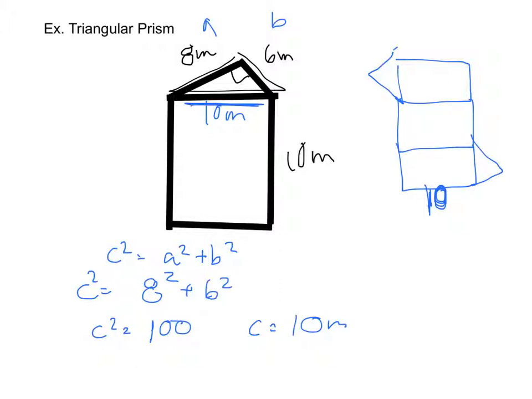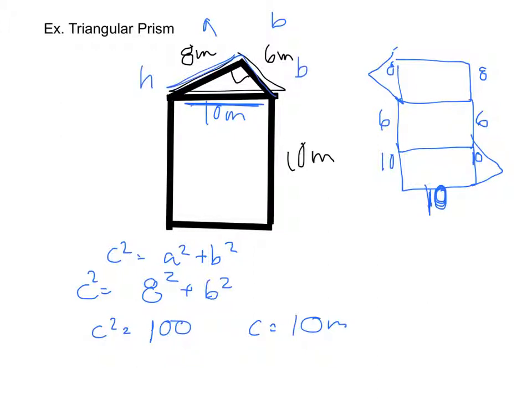So then let's say that that's this side. And then we can say that this is 6 and this is 8, so these are going to match here. And then we can begin to find the areas. We know that the area of the triangle is going to be the base times the height over 2.